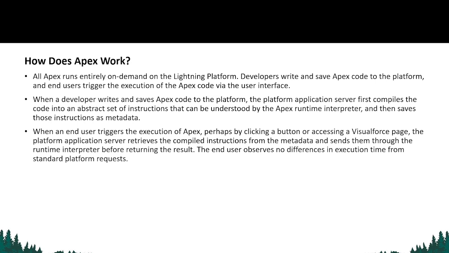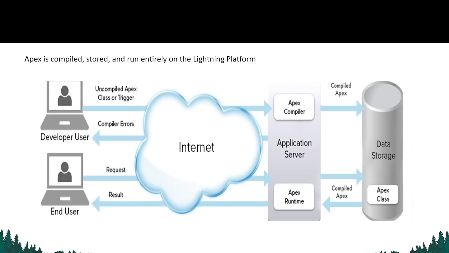Whenever an end user triggers the execution of Apex, by clicking a button event or accessing a Visualforce page, the platform application server retrieves the compiled instructions from the metadata and sends them to the runtime interpreter before generating any result. The end user does not perceive any difference in execution from other standard platform requests.